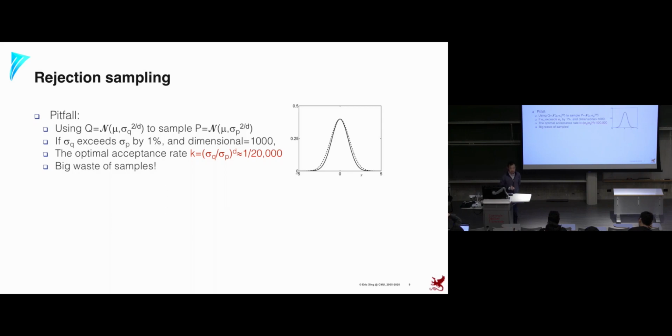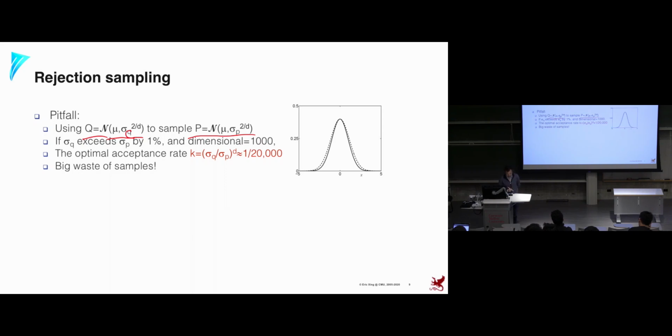Just for a thought experiment, I'm going to use a Q of Gaussian to sample another Gaussian. You may say, why do that? I can sample a Gaussian directly, but just for the sake of making an argument. This is our true Gaussian that you want to sample from. I use another Gaussian with a different variance to sample from.